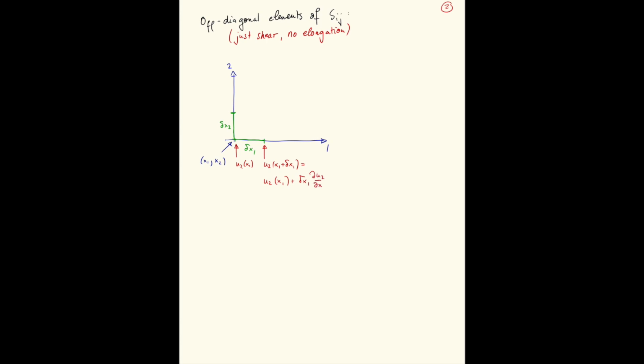du2 dx1. And similarly here we'll act on delta x2 at the bottom end by u1 x2, and up here it's going to be u1 x2 plus delta x2, which is exactly, well, approximately u1 x2 plus delta x2 du1 dx2 by Taylor expansion.